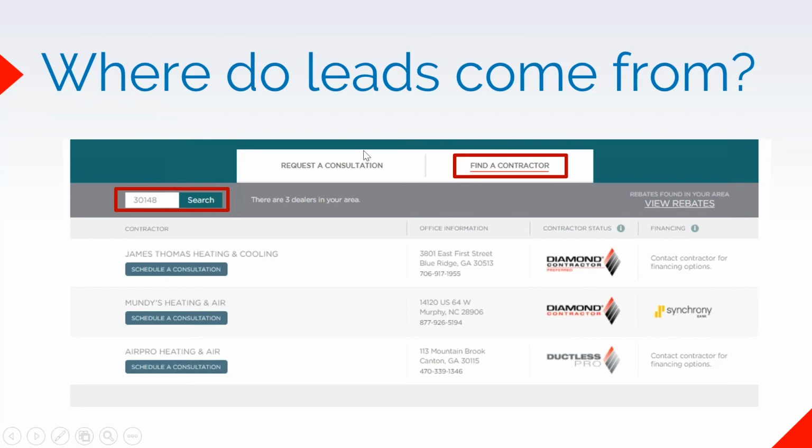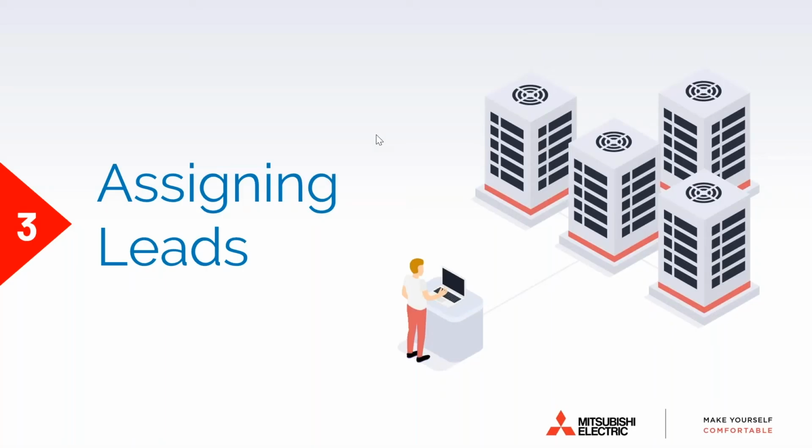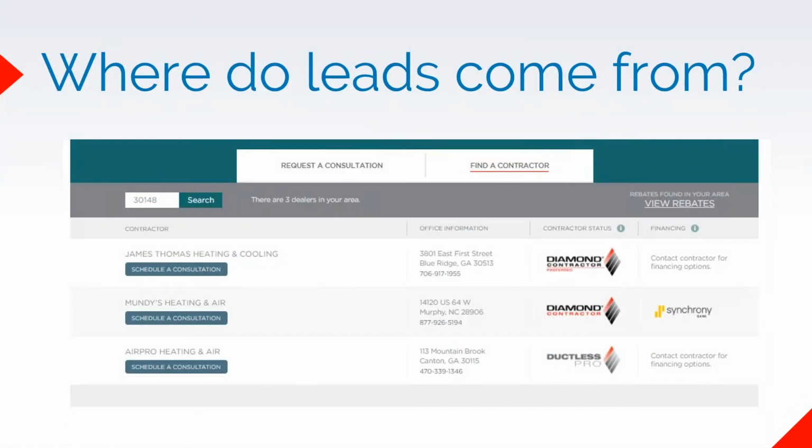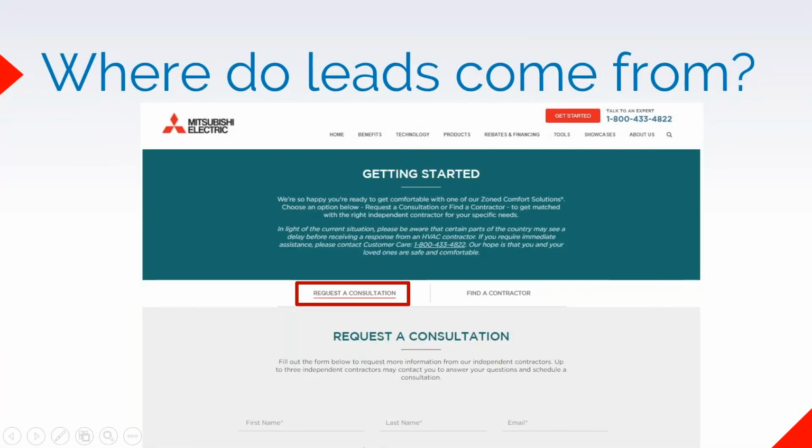When you do the request a consultation, it's a little bit different. So back to request a consultation, if the consumer fills this form out, it will get sent to 3 contractors. So those are our assigned leads.